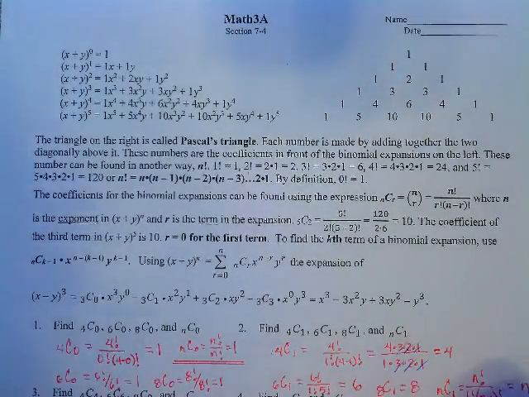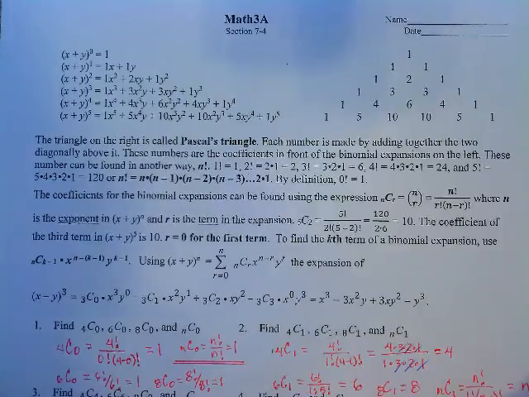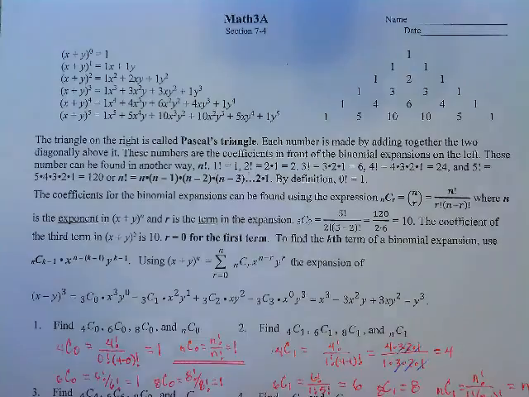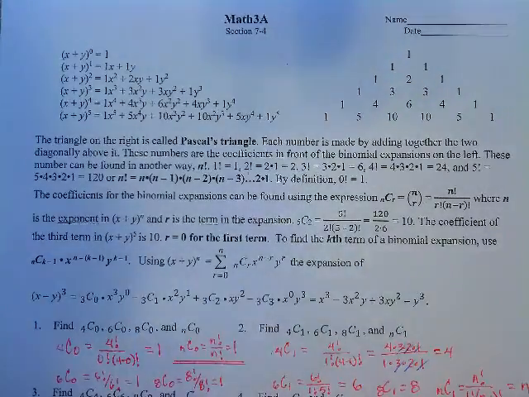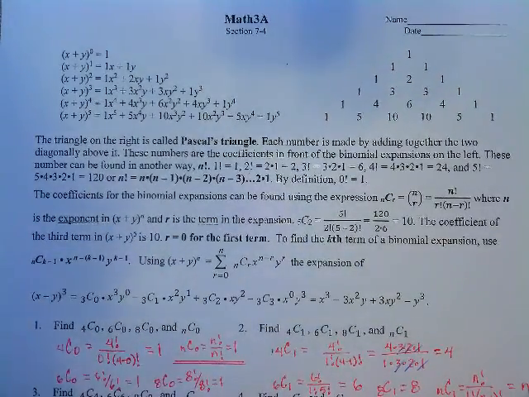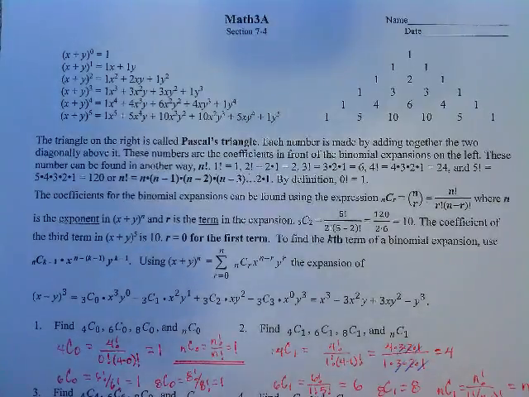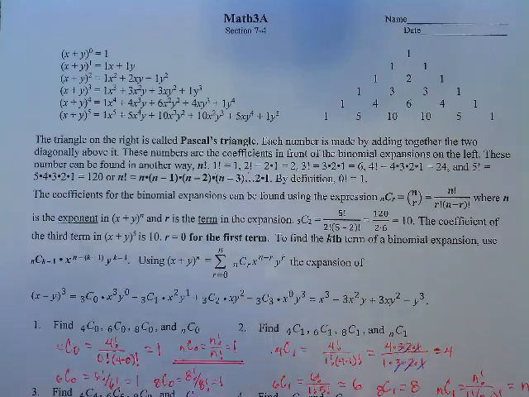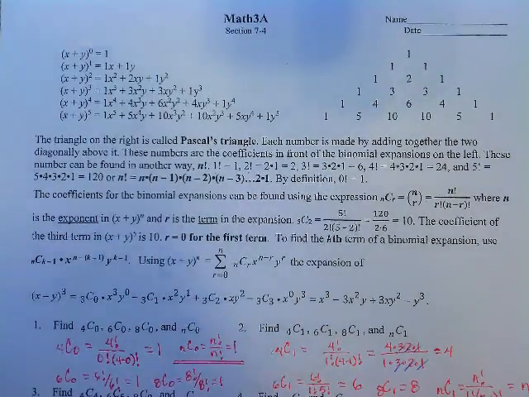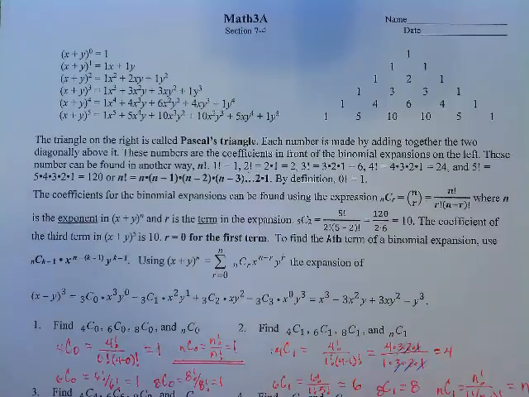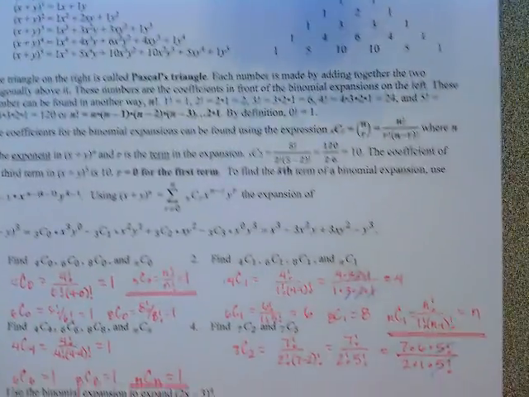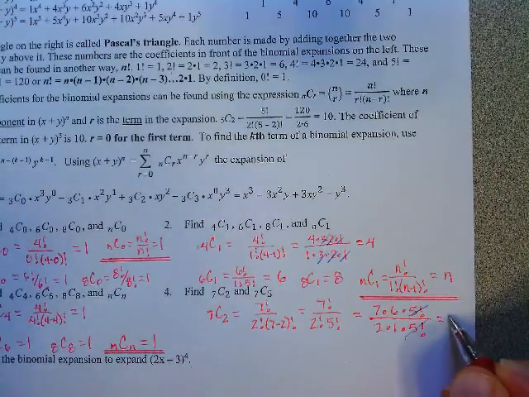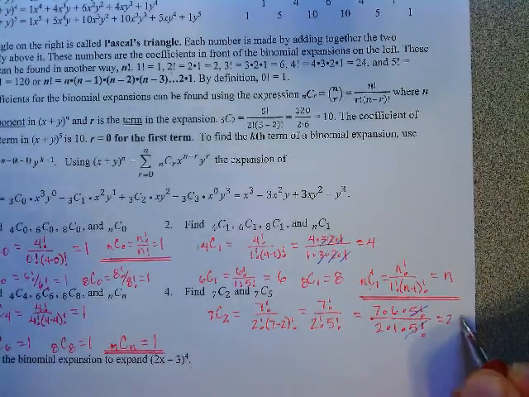Now, the top, of course, is going to be 7 times 6 times 5 factorial, because it's going to go 5, 4, 3, 2, 1. The bottom has 2 times 1, and then also the 5 factorial. So note how these will cancel. I'm left with 7 times 6 over 2. And so that is 21.